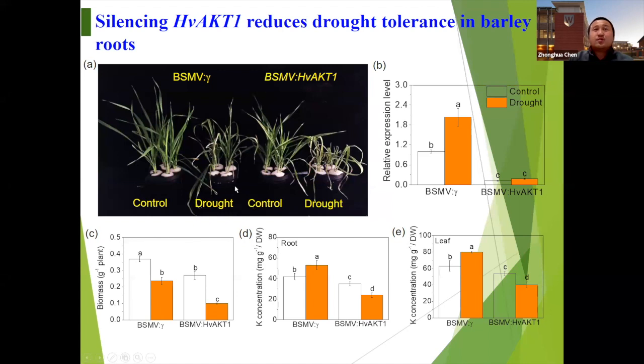And here we didn't really use actual drought. We use PEG, polyethylene glycol, as an osmotic stress, mimicking drought stress. And the potassium concentration has significantly reduced when the HvAKT1 is silenced.